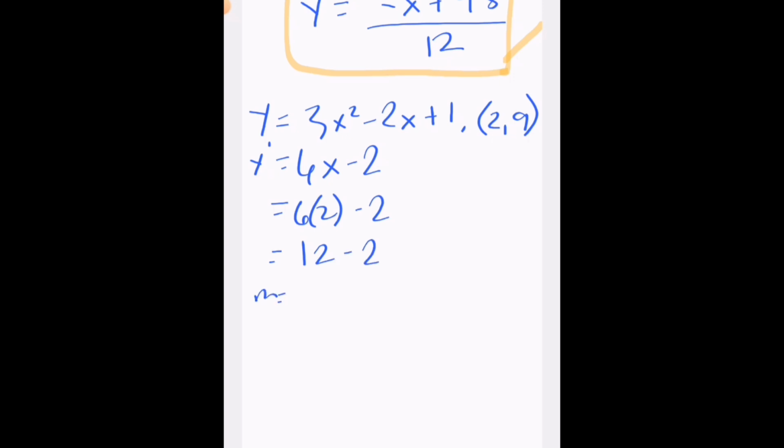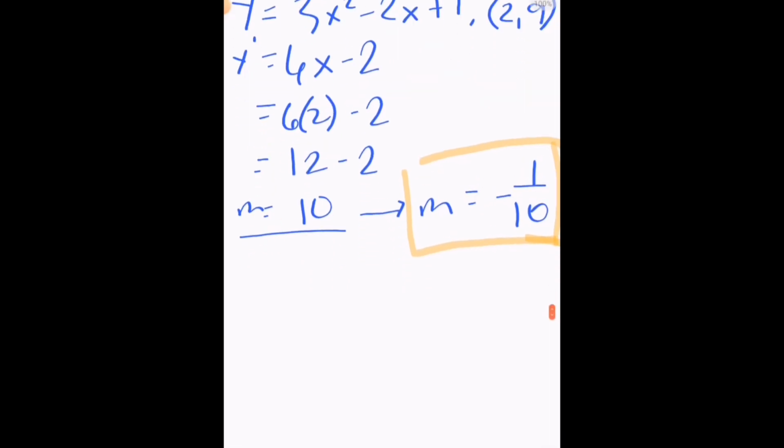Your slope of the tangent line would be 10. Since we are finding the equation of the normal line, we will use the negative reciprocal of this slope. That gives us negative 1 over 10, which will be the slope of our normal line.